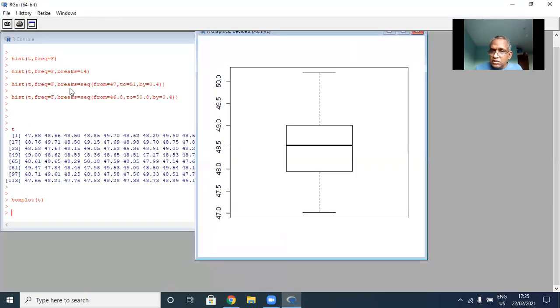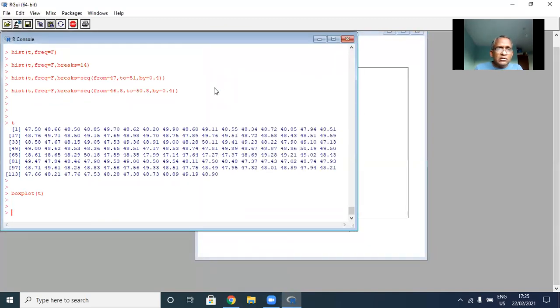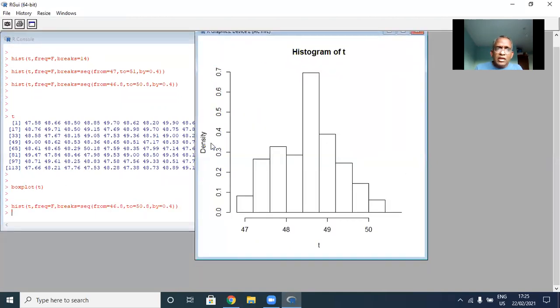Okay, so there is a question. Can you explain again the last one with the histogram? All right, you mean this one. When I did the histogram, what I meant is here I'm doing a density version of the histogram with the breaks. When I say breaks, I mean the intervals for the x-axis are from 46.8 to 50.8 in steps of 0.4.